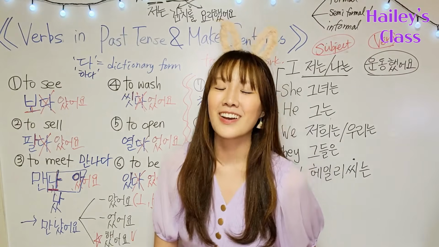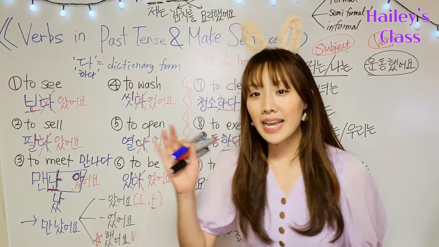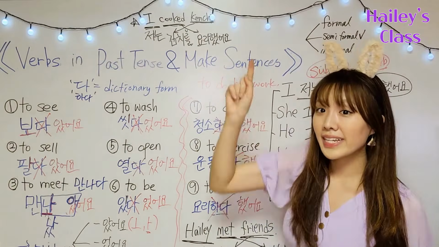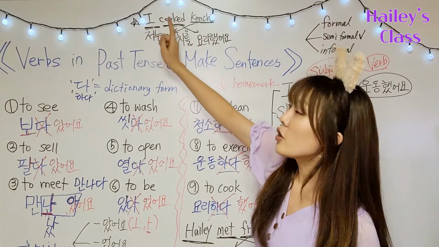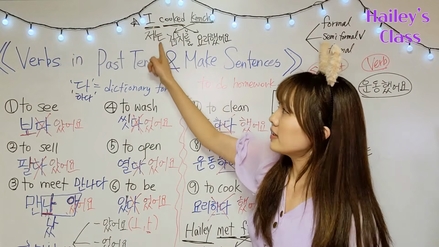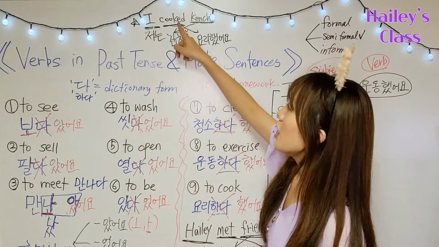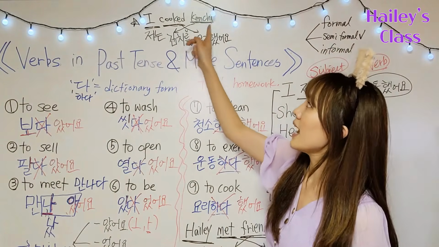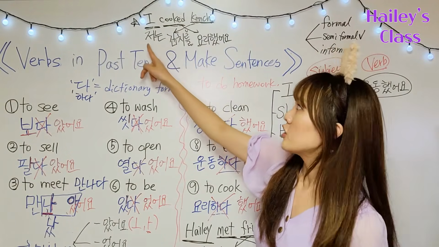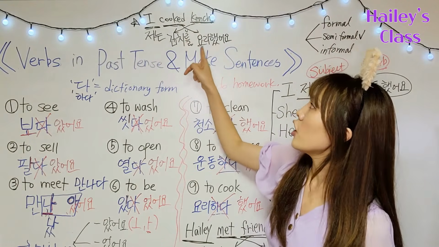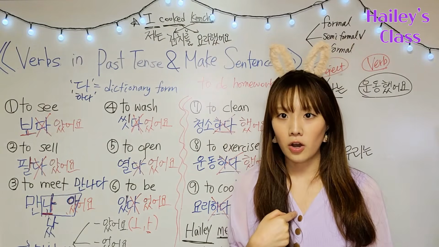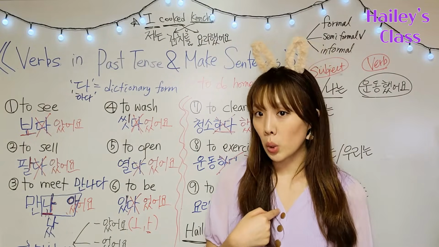Oh my god. Okay. So in the sentence parts, you have to know one thing. When I say I cooked kimchi, and then you have to say 저는, it's same, but cooked has to be the last part. And the kimchi has to come here. 저는 김치를 요리했어요.